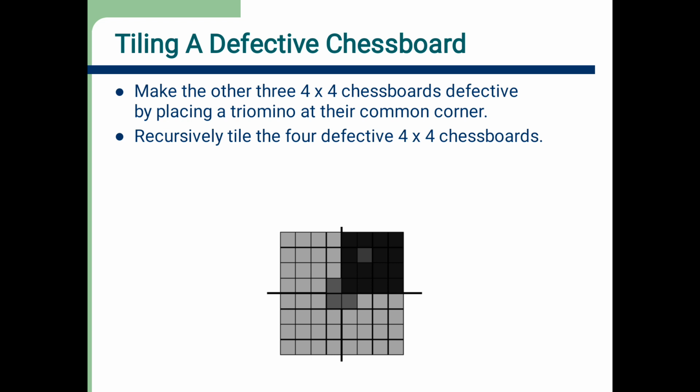Make the other 3 4 by 4 chessboards defective, and place a tromino at their common corner.